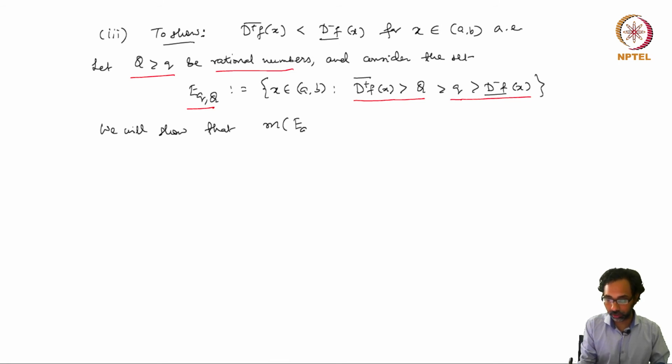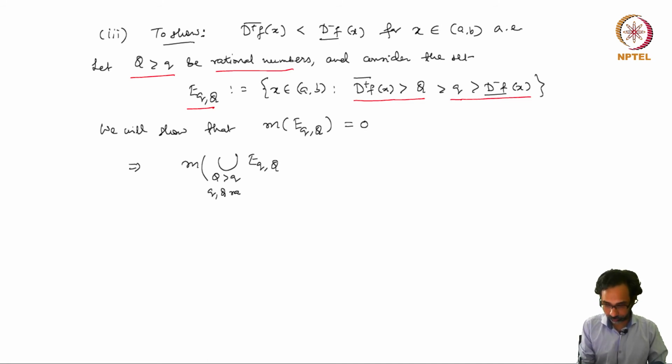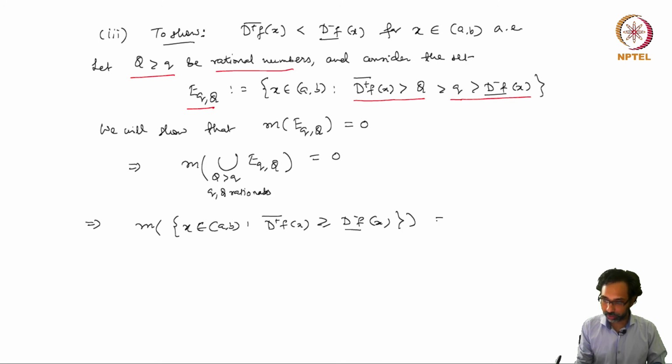So we will show that the measure of E_{q,Q} is equal to 0, which will imply that the union of the sets E_{q,Q}, the union over all rationals capital Q greater than small q, is also going to be 0, and this implies that the measure of the set of x in (a, b) such that D+ f upper bar (x) is greater than or equal to D- f lower bar (x) also has measure 0, because this is precisely this union of the sets E_{q,Q}, where you take the union over all rationals.